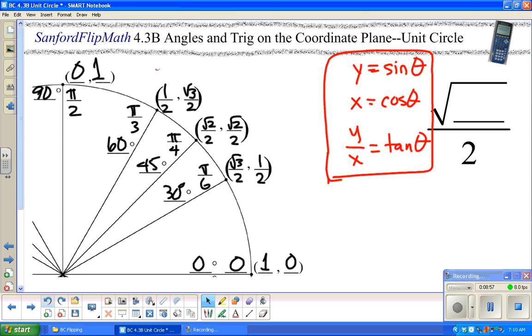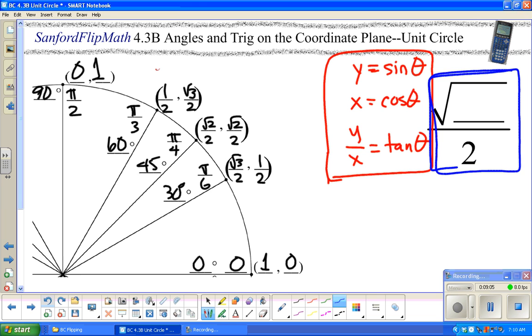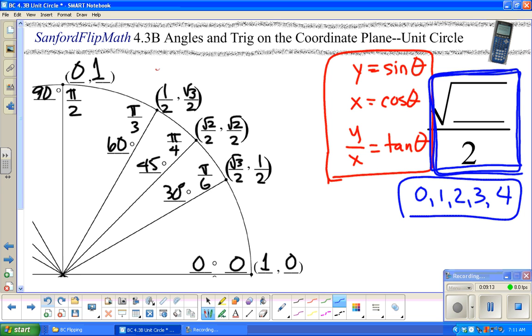And there is a really sweet little pattern here that is emphasized or kind of picked out with this. This is kind of the heart of it. And if you can count 0, 1, 2, 3, 4, putting those numbers in here, those are all of the ordered pairs for this quadrant. Let me show you what I mean.